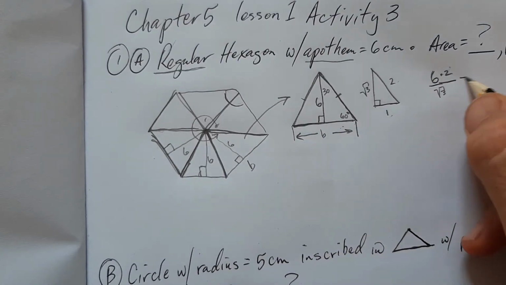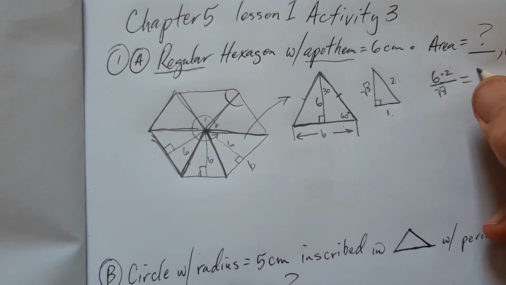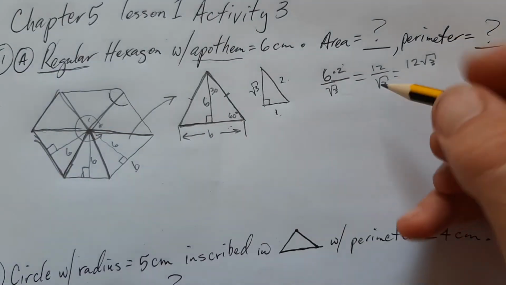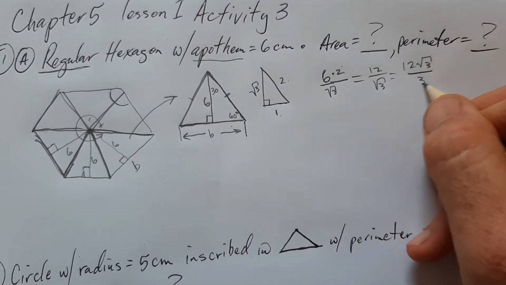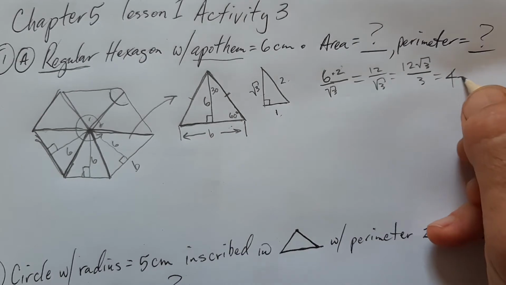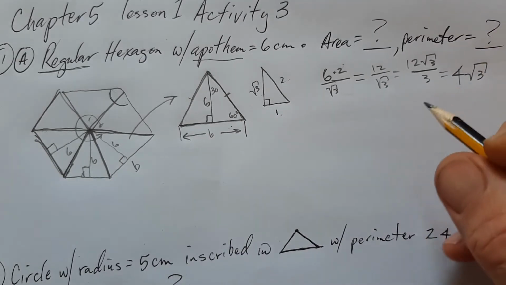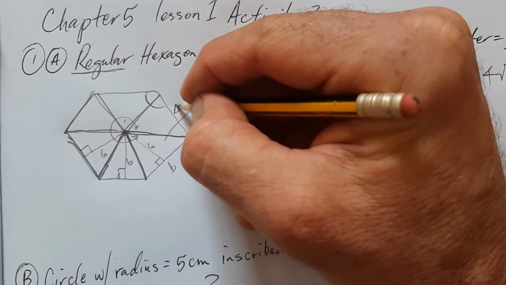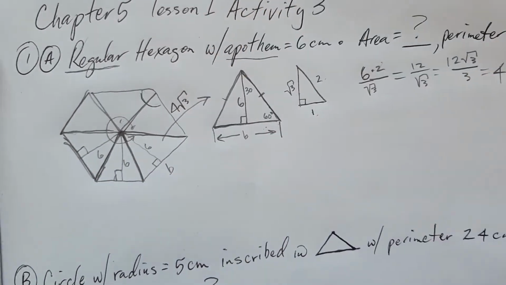My calculator is missing this morning, so we got 12 over the square root of 3, which is 12 square root of 3 over 3. 4 square root of 3 is my side length. So each side here is 4 square root of 3.